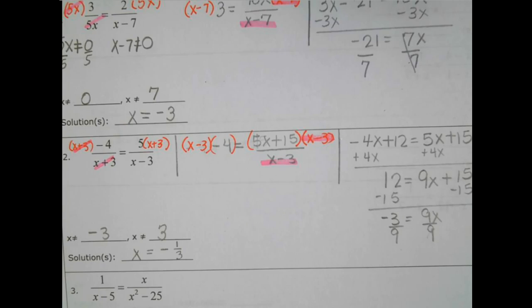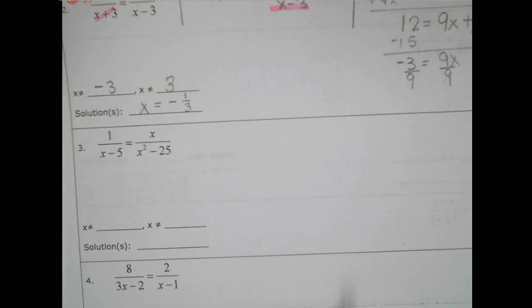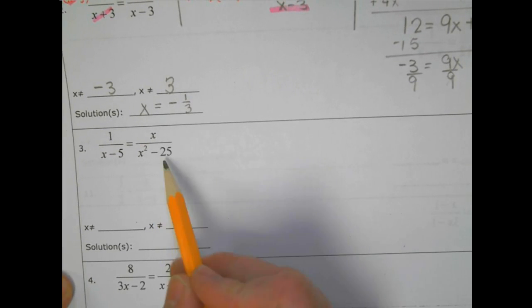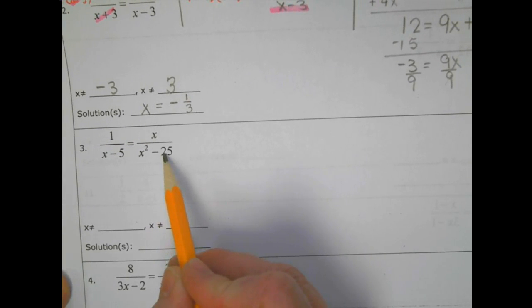What are you going to do first on problem number 3? What do you do first? Nope. Before you do your excluded values, what do you do first? Factor. 25 is a perfect square number.